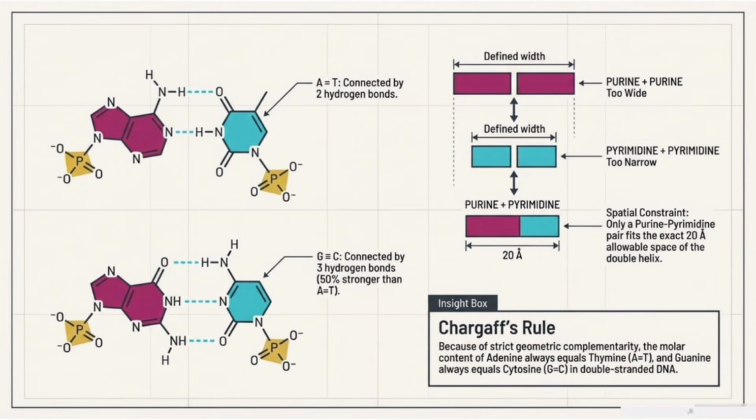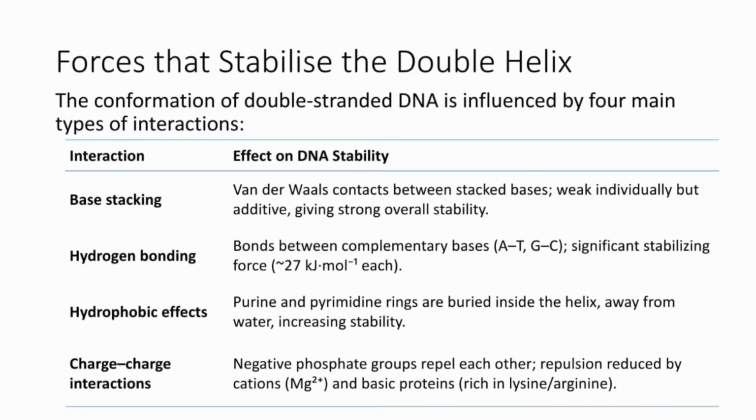So these are the forces that stabilize the double helix. There's base stacking, which is made up of van der Waals forces. Although they're weak individually, when you add them up together, they give a very strong force, which helps the DNA to be stable. There's hydrogen bonding between the complementary bases, which provides a significant stabilizing force.